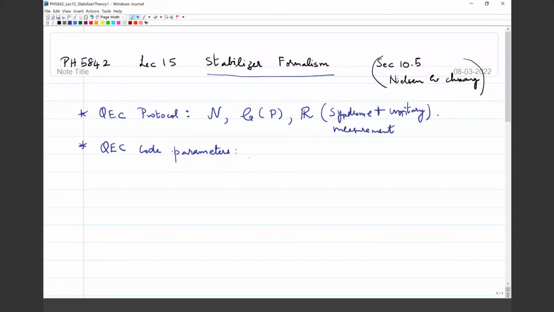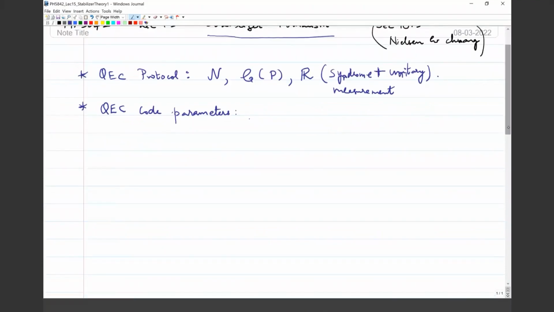So now, what we discussed in the last part of yesterday's lecture was to talk about what I call code parameters, right? So this is what describes a protocol, right? That there's a code space and there's a recovery, and you associate some set of errors of some noise channel which this code and recovery can correct for.